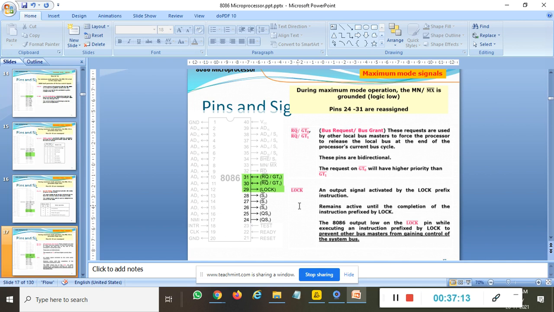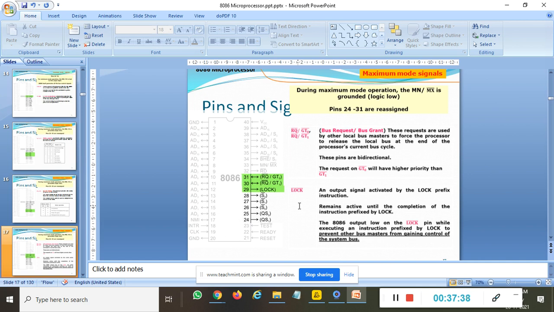It is activated by the lock prefix instruction, and it remains active until the completion of the instruction prefixed by lock.